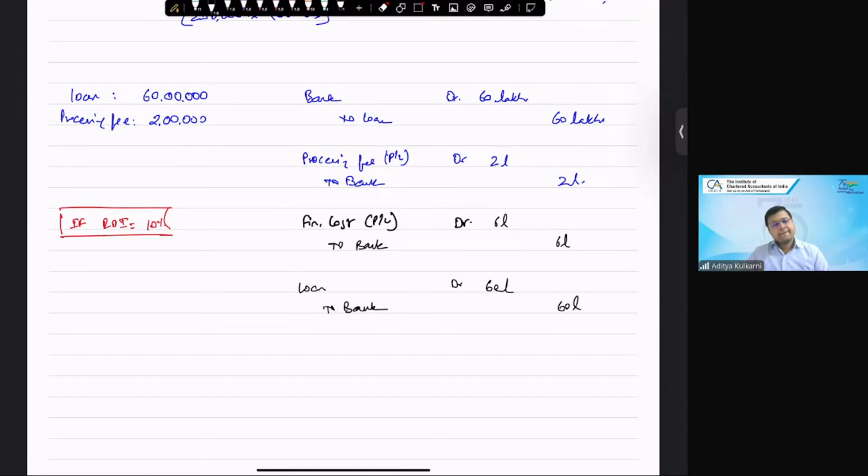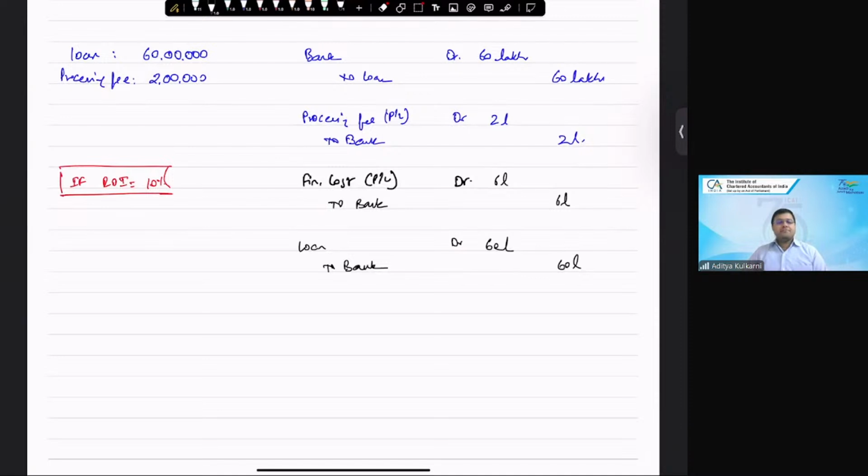Yes, sir. Okay. What Ind AS tells is, look, you have taken a borrowing of 60 lakhs. Listen carefully, it's just a small deviation. You have taken a loan of 60 lakhs, but what is the available fund with you to utilize? 58 lakhs.